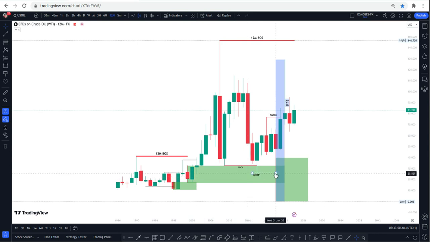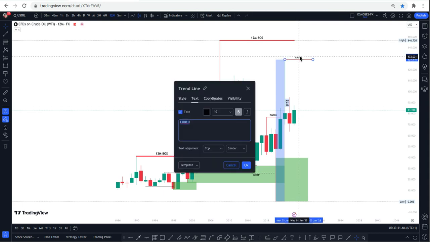You can see with this week and change character, so we are bullishly going higher. So our next move is to take out this high. That's our next move. So here will be to take out this high.